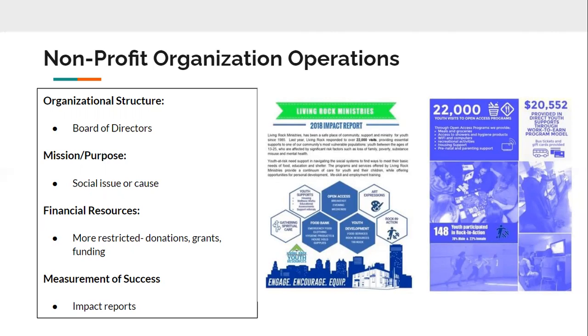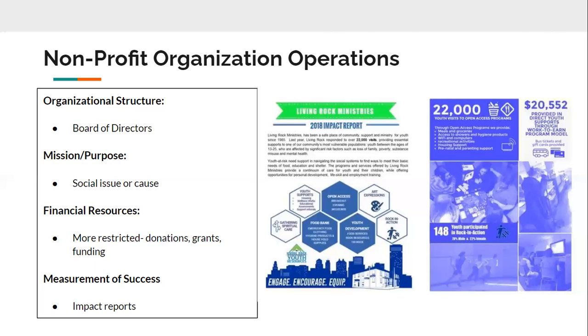And the last piece is the measurement of success. In the for-profit sector, it's typically looking at an income statement or a balance sheet that will let you know how well an organization's doing. But that's a lot more difficult in the nonprofit sector. So we rely on impact reports.